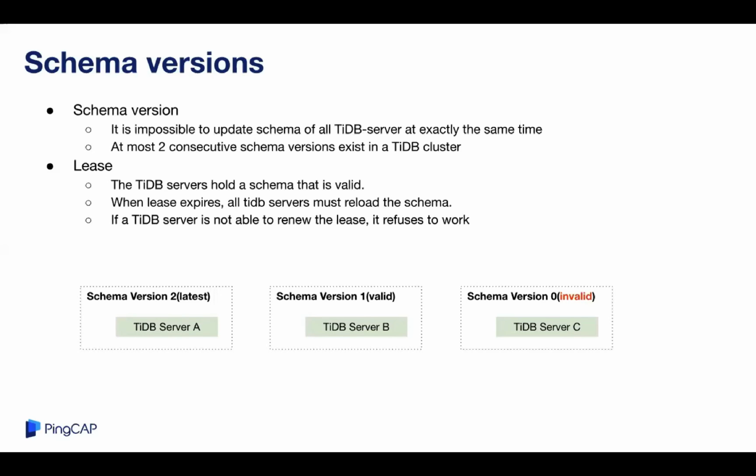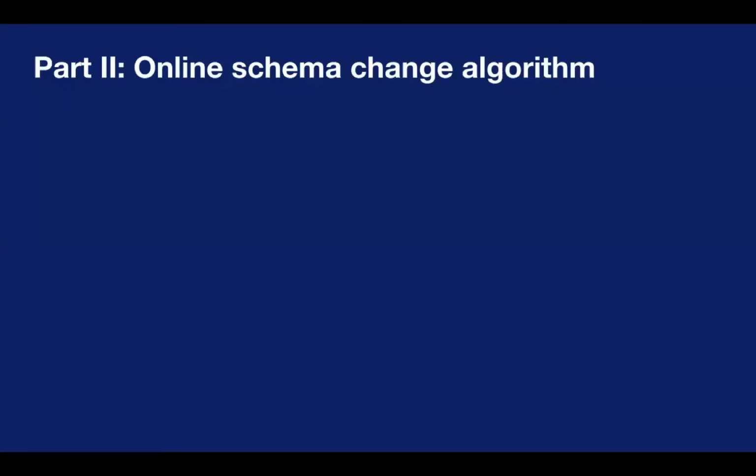When the lease expires, all the TiDB servers must reload the schema. If a TiDB server is not able to renew the lease, it refuses to work, so that we can guarantee that at most 2 schema versions coexist in a TiDB cluster. So this is about the schema versions and the lease.